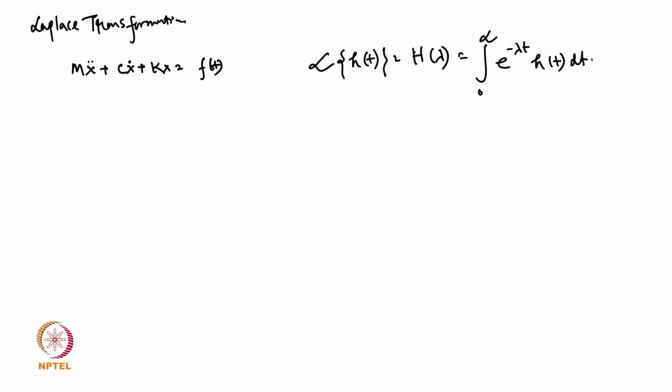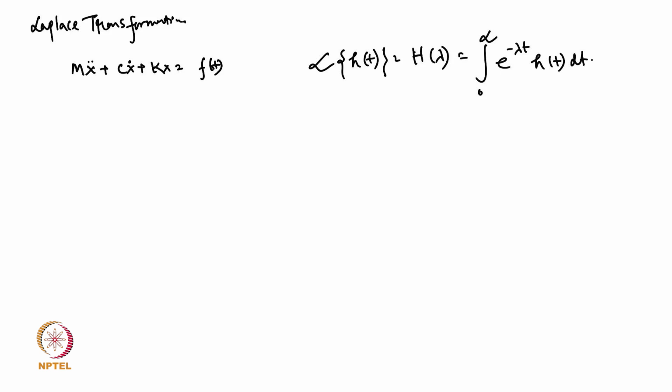We are doing the integration over h of t, multiplying with e to the power of minus lambda t, and then integrating from 0 to infinity. In that case this gets converted into the lambda domain, very similarly to how it was done in the Fourier domain transformation as well.